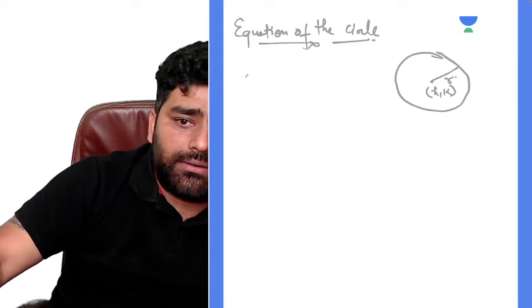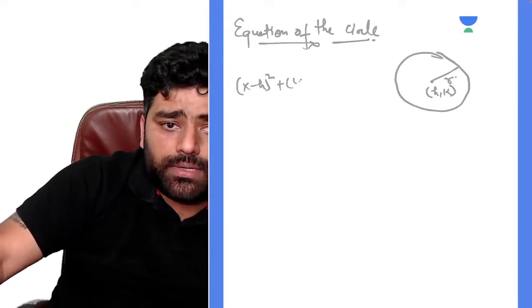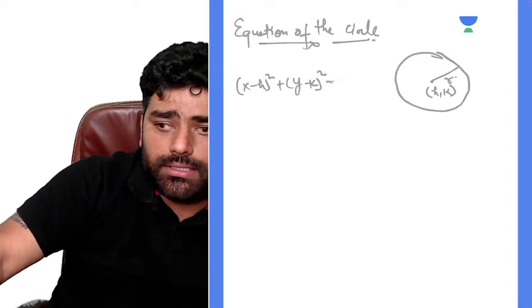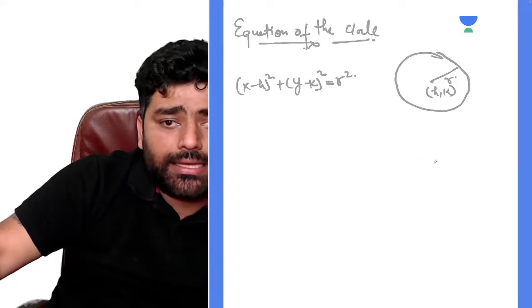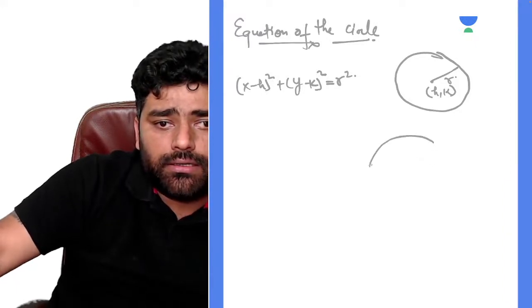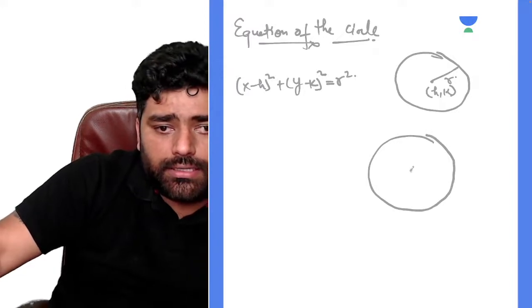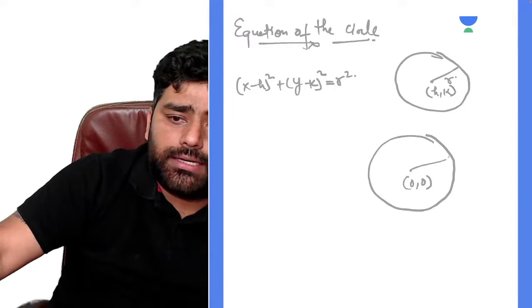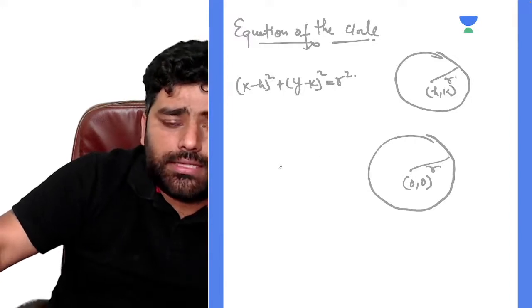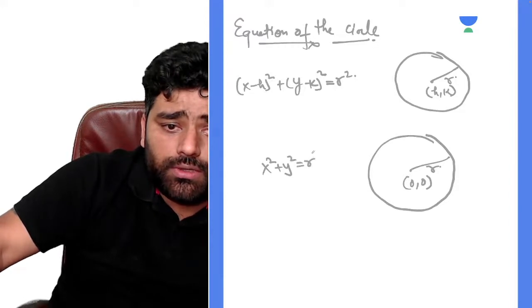So the equation of the circle will be (x minus h) square plus (y minus k) square is equal to r square. In any case, if the center is at (0, 0) and the radius can be anything, then the equation of the circle will be x square plus y square is equal to r square.